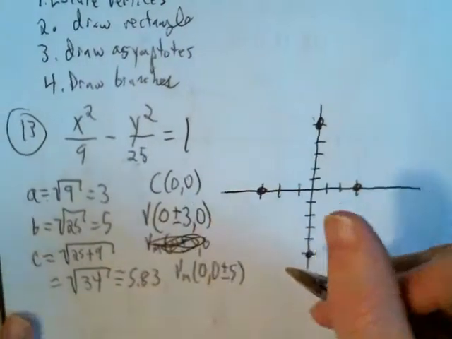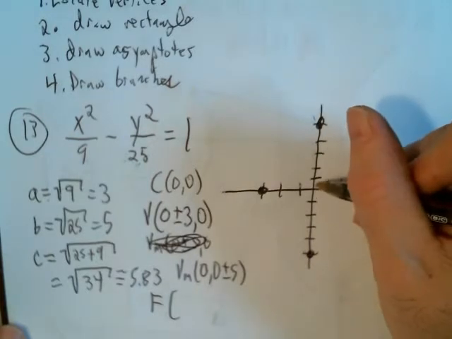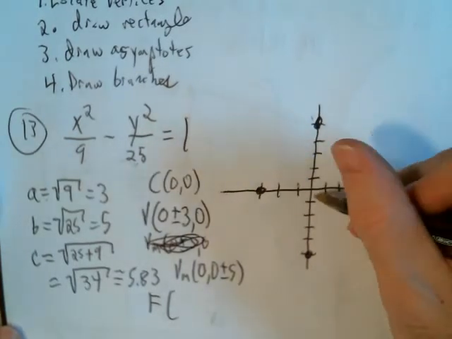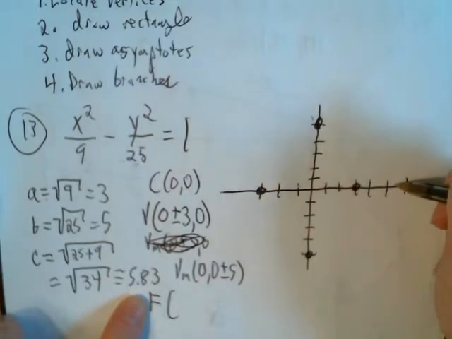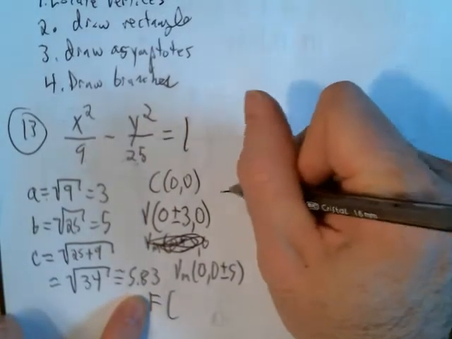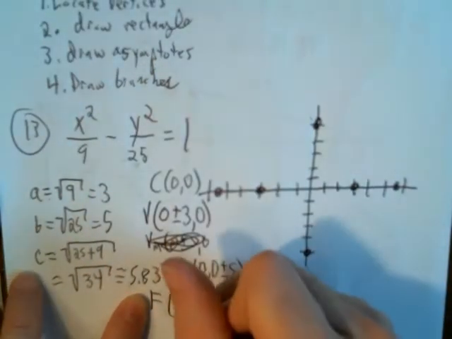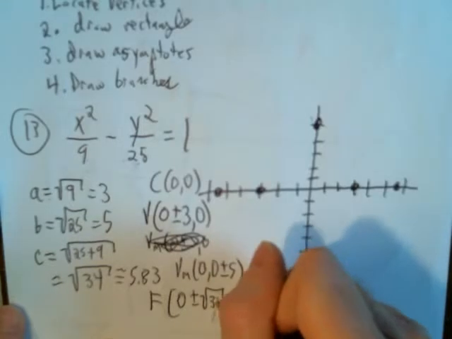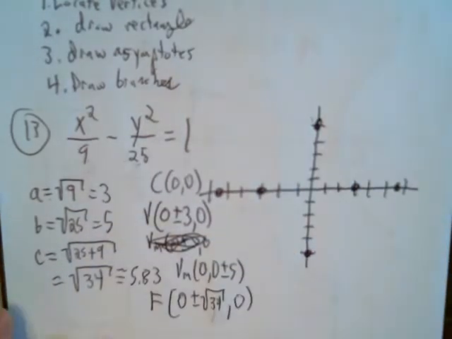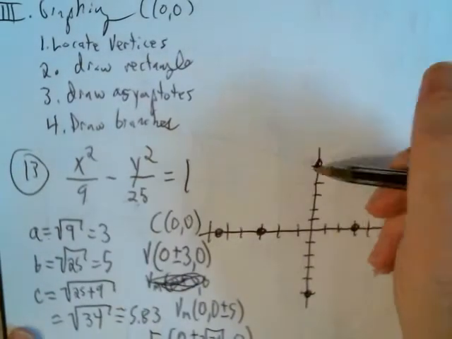And then finally the foci. So for the foci, I'm going left and right. So 5.83, 1, 2, 3, 4, 5, 6. It's in here. Right here. So what did I do? I went 0 plus or minus square root 34 in either direction. Okay, so now I want to draw my box.